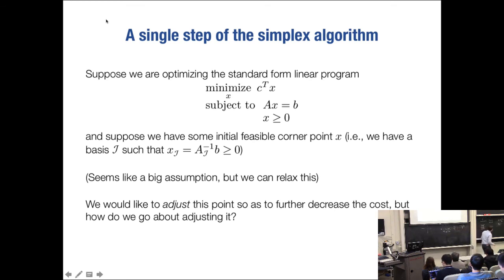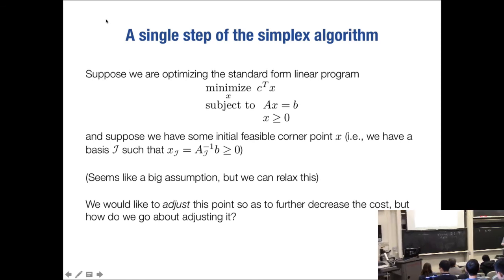Now, importantly, when I say we have a feasible point, what I actually mean is we have an index set such that when I solve this equation, it returns a positive solution. That's what a feasible point really means here.